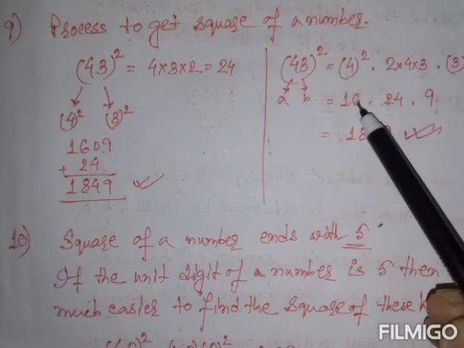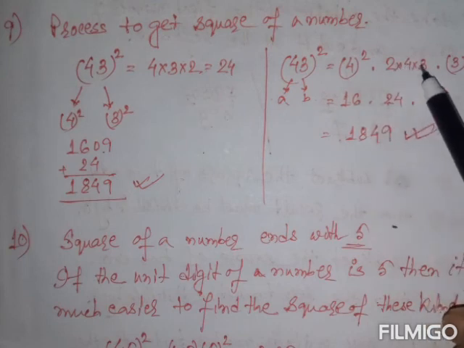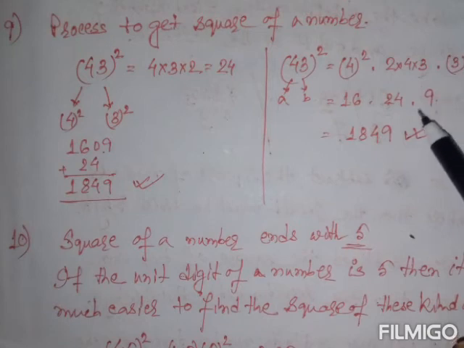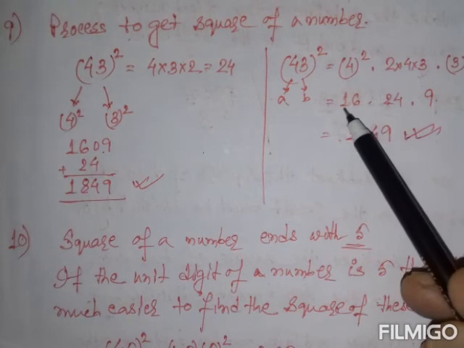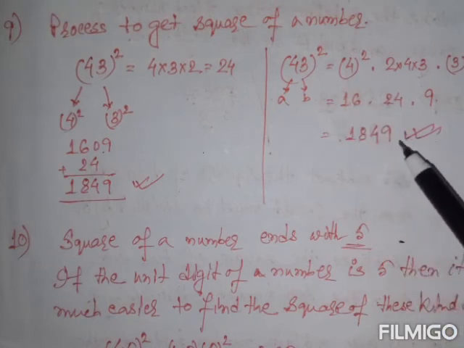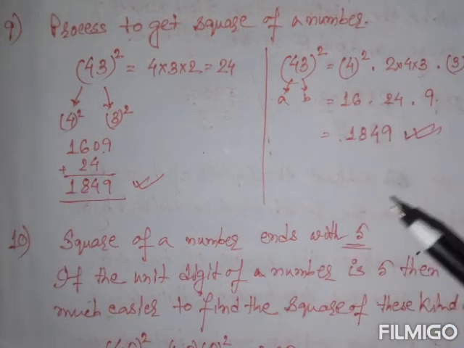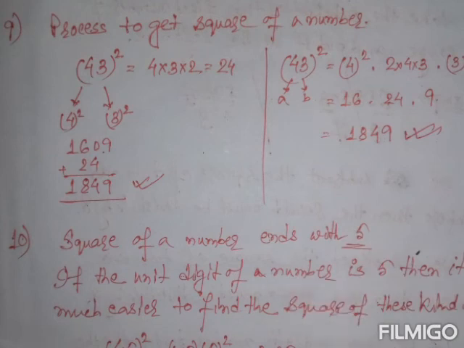Now 4 square means 16, 2 into 4 into 3 means 24, and 3 square is 9. Now we write 9, write 4 and add 2 with 16 to get 18. This is the square of 43. You can use both of these processes.